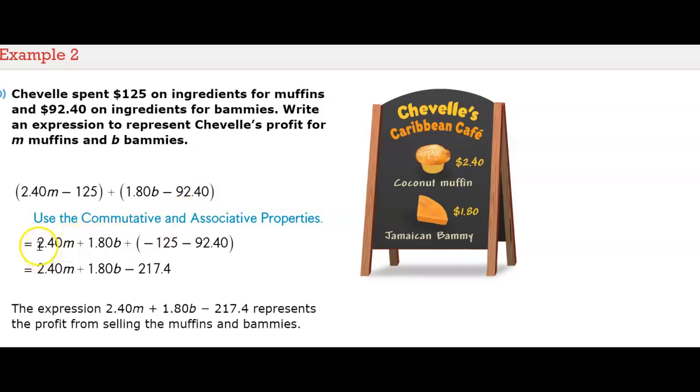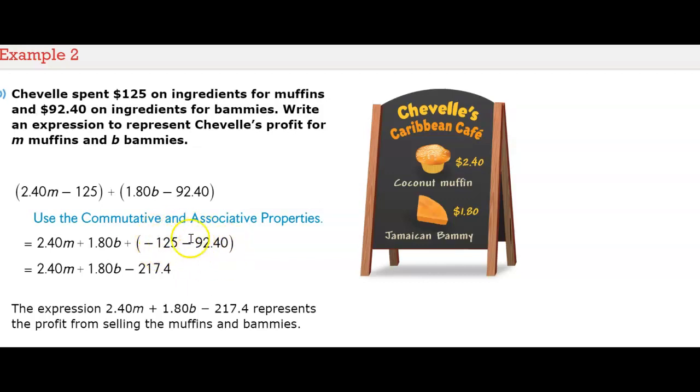So we have the $2.40 times M plus the $1.80 times B plus the minus 125, so that becomes negative because we have to take it away, minus the $92.40.